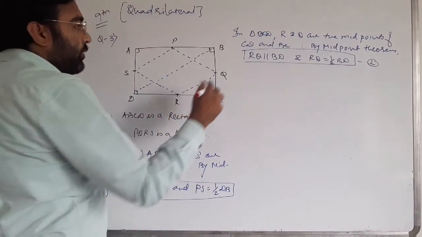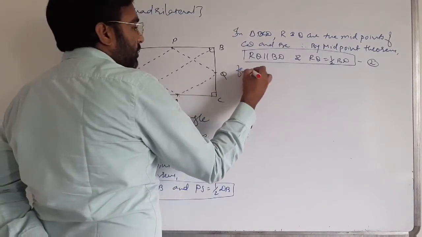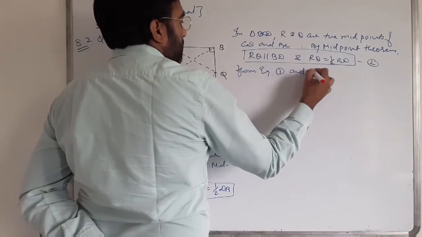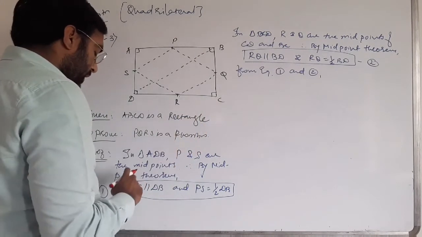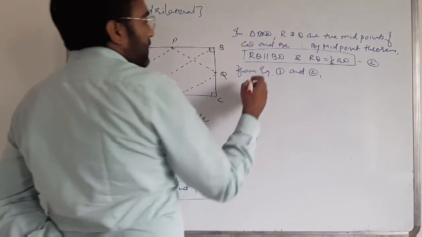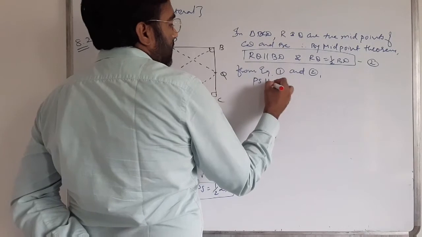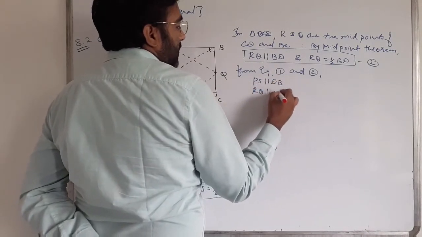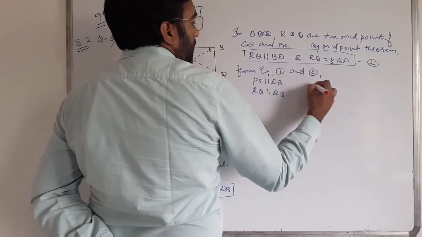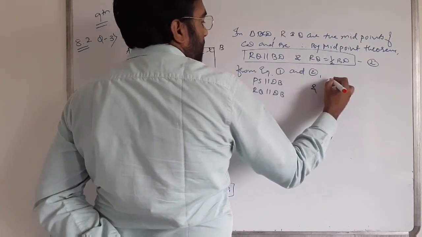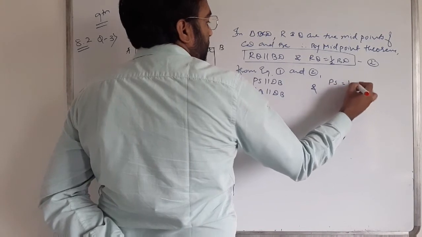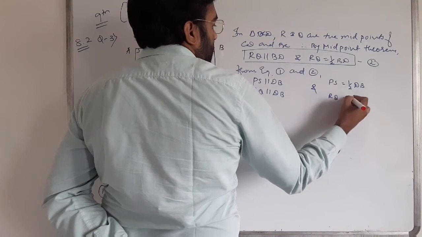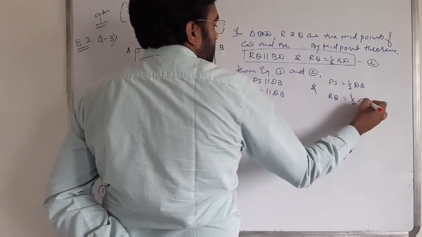So from equations 1 and 2, PS is parallel to DB and RQ is also parallel to DB, and PS is equal to half of DB and RQ is also equal to half of DB.